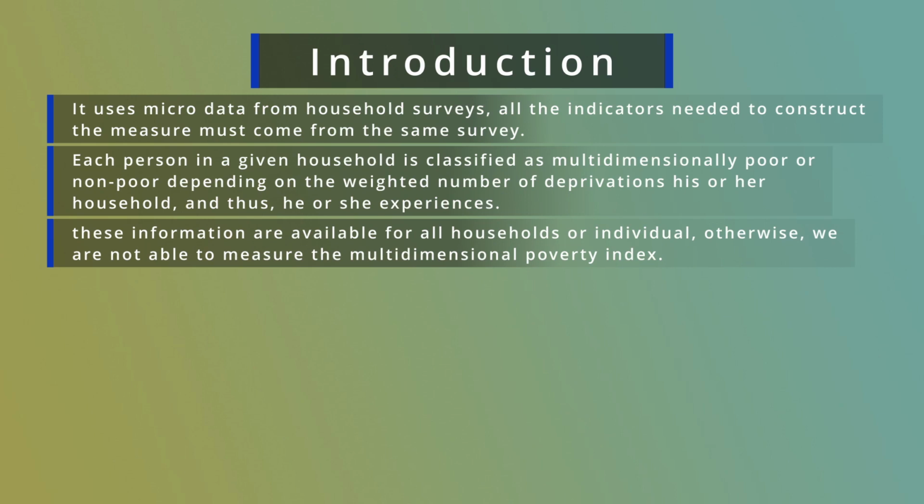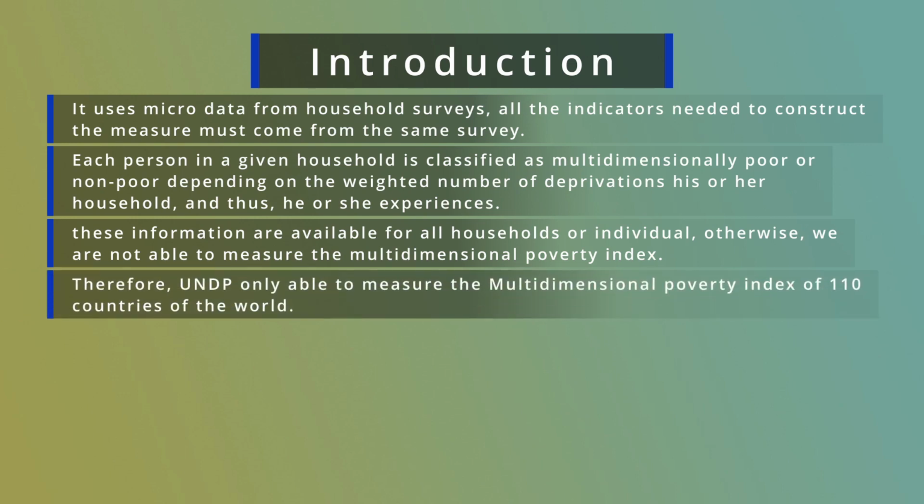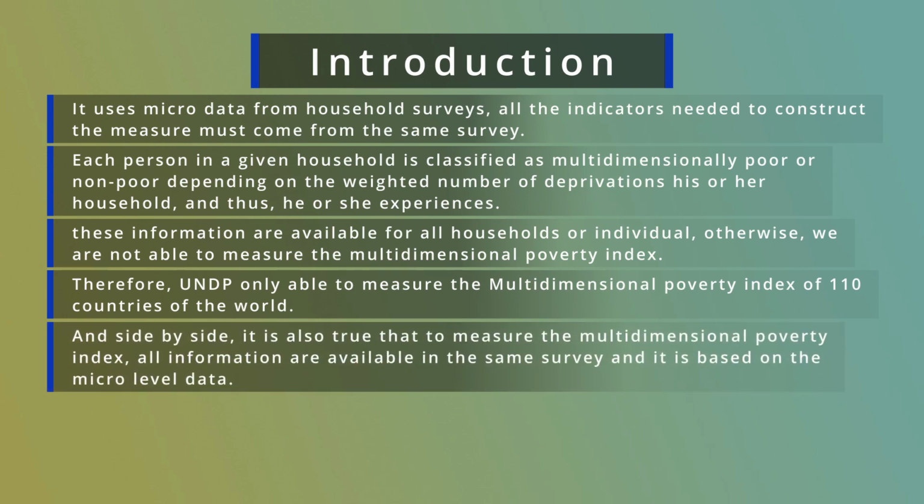Otherwise, we are not able to measure the multidimensional poverty index. Therefore, UNDP is only able to measure it for 110 countries of the world. Also, all information must be available in the same survey, and it is based on micro level data.